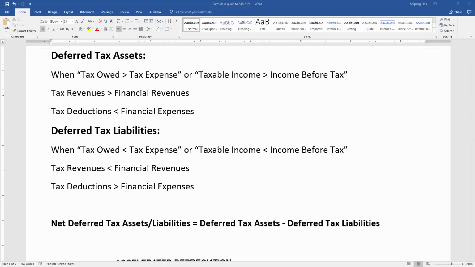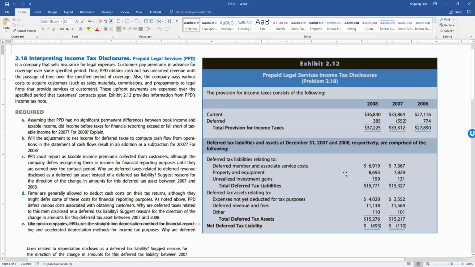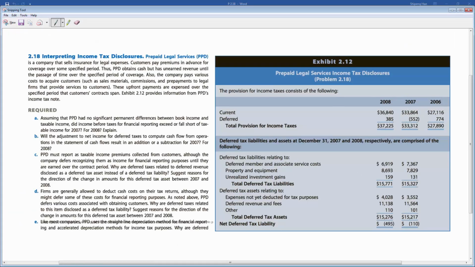Let's go back to this example. This is the tax footnote for Pre-Paid Legal Services, PPD. The bottom line is a net deferred tax liability.